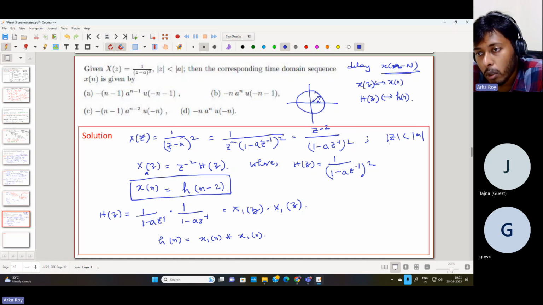So mod z less than mod a is the convergent nature of the ROC. That means it is inwards. So ROC inwards basically corresponds to a left-sided sequence.